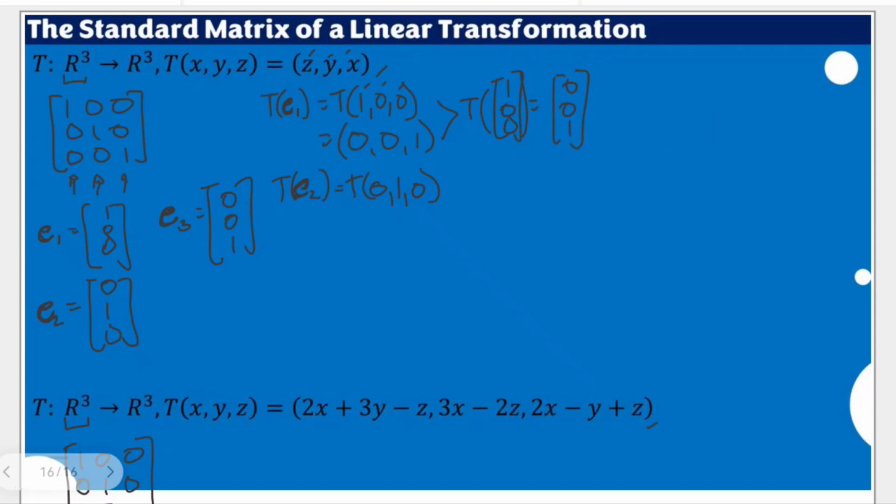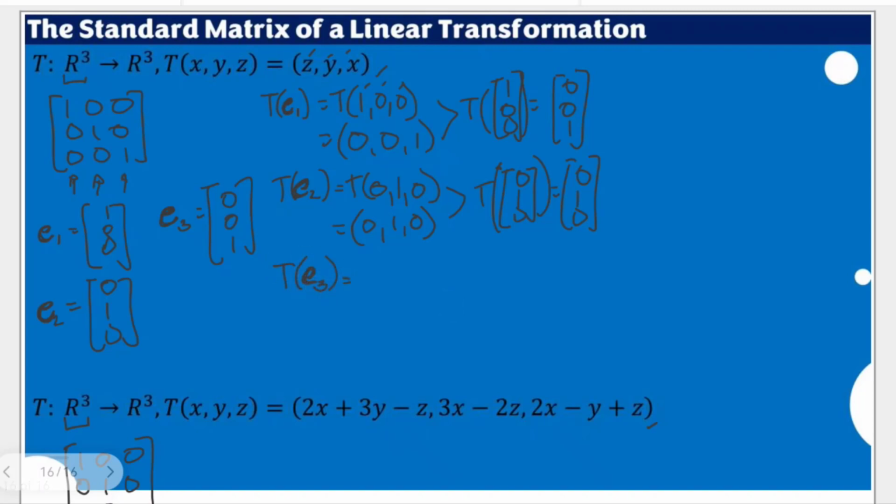Now for this, we have here 0, 1, 0, so x is 0 and z is 0, so it's just 0, 1, 0 as well. Again, you can rewrite it in this manner: 0, 1, 0 is equal to 0, 1, 0. And finally, you will have the linear transformation of our third column.